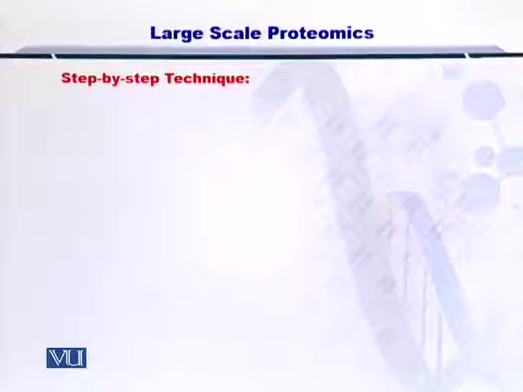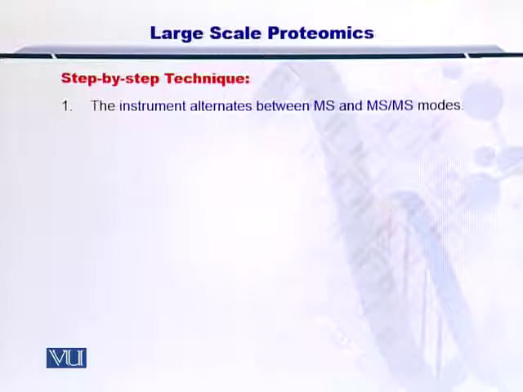Note that this necessitates that one specific peptide is selected at a time and that the same peptide is not made twice. The step-by-step of the technique is given as follows. The instrument, that is the mass spectrometer, shifts between MS1 and MS2 modes here.